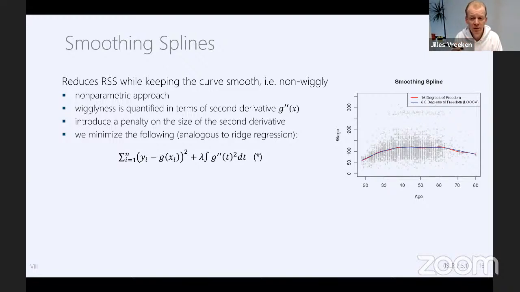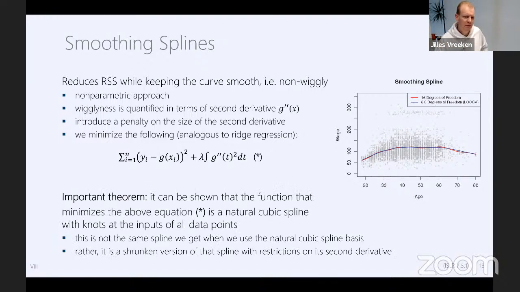Good luck choosing a degree of freedom of 6.8 for a natural spline, right? I mean, maybe 7 will do equally well, but here we can really tune it pretty much to the max. Now, it can be shown that if we want to minimize this function for a given value of lambda, the solution actually is a natural cubic spline with a knot at all data points.